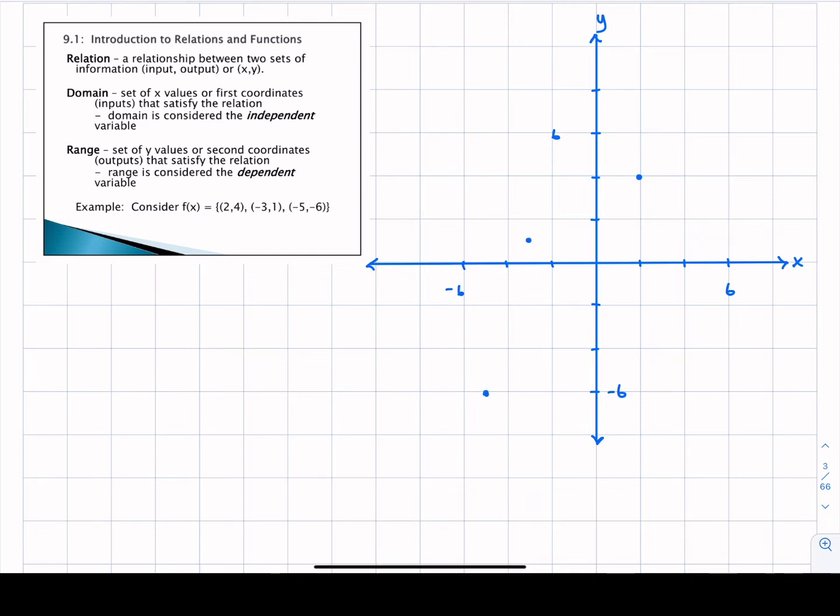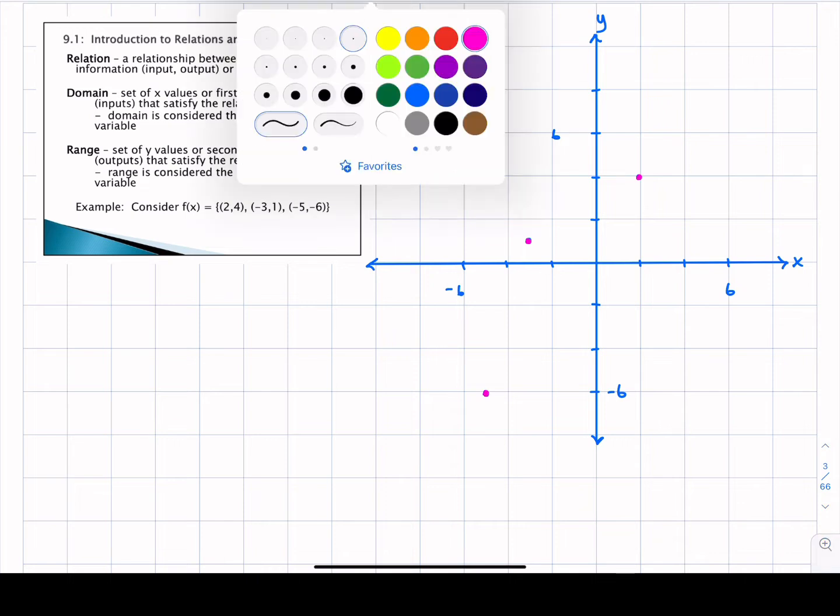Now, we were only given 3 coordinates. We're not connecting the dots in this case. So the 3 points that you see, and I'll change the color so you can see them clearly here, make up the function f of x. So what I want to do is describe to you what the domain and range is.